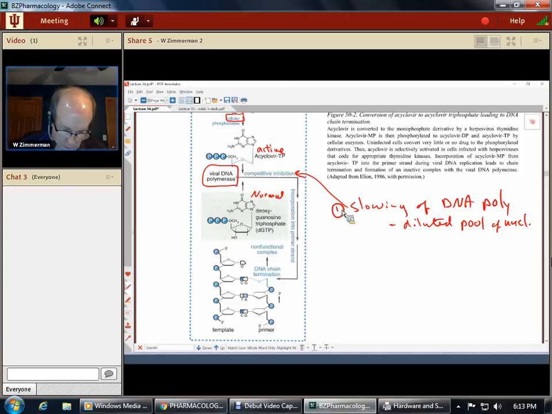Now, notice the acyclovir here, the area I've drawn. That's where you need a 3' hydroxyl group. See on the deoxyguanosine, we've got that 3' hydroxyl. And that's what we're going to need for the phosphodiester bridge.